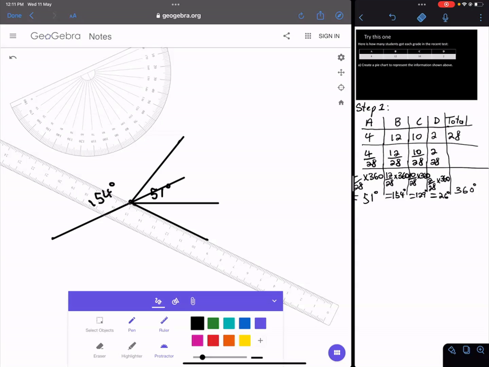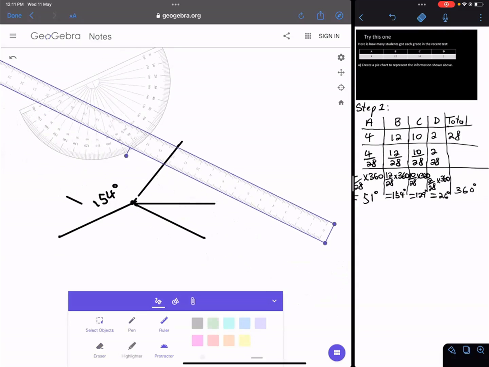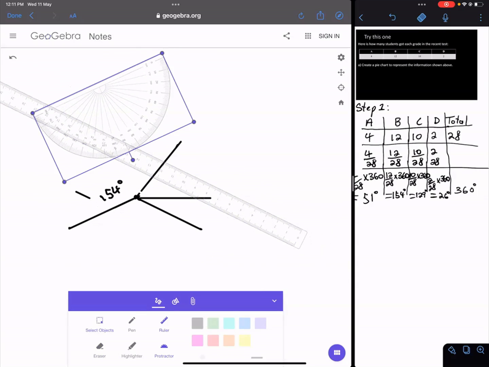So we have our angles. And I just erased the extra line.